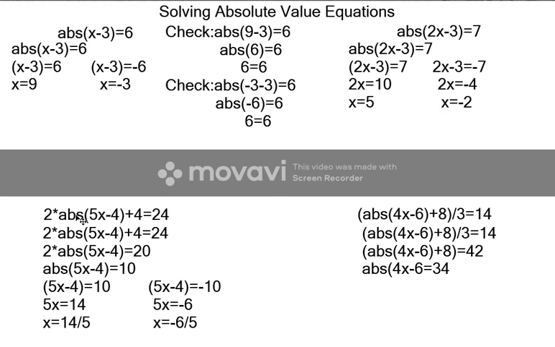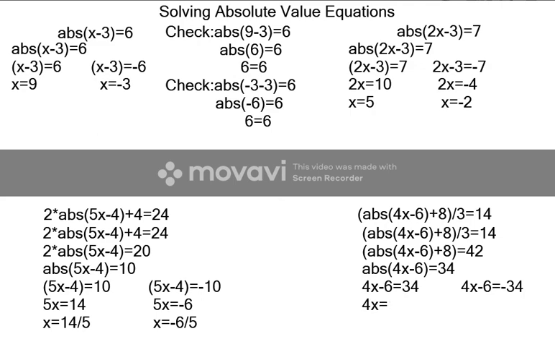Keep forgetting to carry over my parentheses. There we go. So now we've gotten to this form, so let's break it up into two different equations. So we have 4x minus 6 equals 34. And then we also have 4x minus 6 equals negative 34. Let's solve.